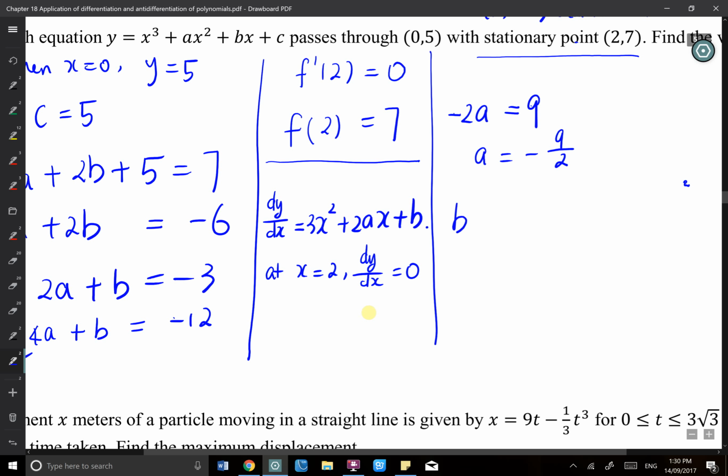So b will equal negative 3 minus 2a. That's minus 2a. b is minus 3 plus 18. And b is 15. Is that correct?